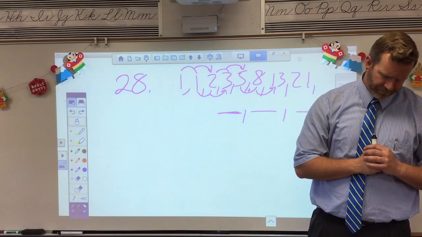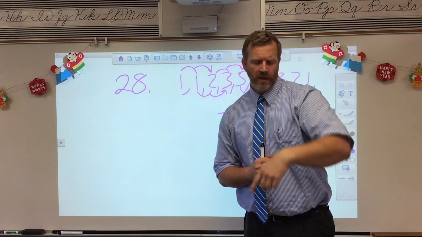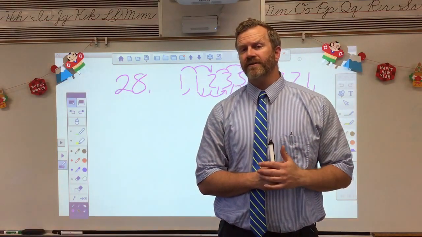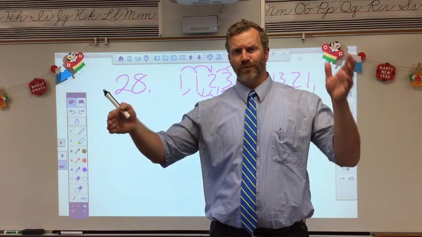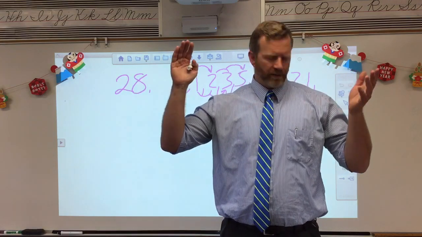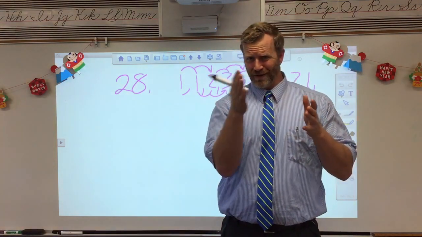Sweet. I'll give you one hint on number 29. Number 29, it talks about writing all the factors for the number 64. So it's like 1, 64, 2, 32, I think. I don't remember. And then I think there's a 4, and then there's a number in the middle.